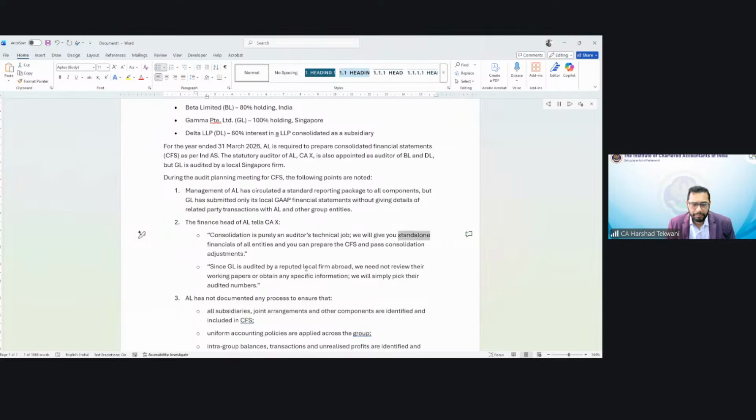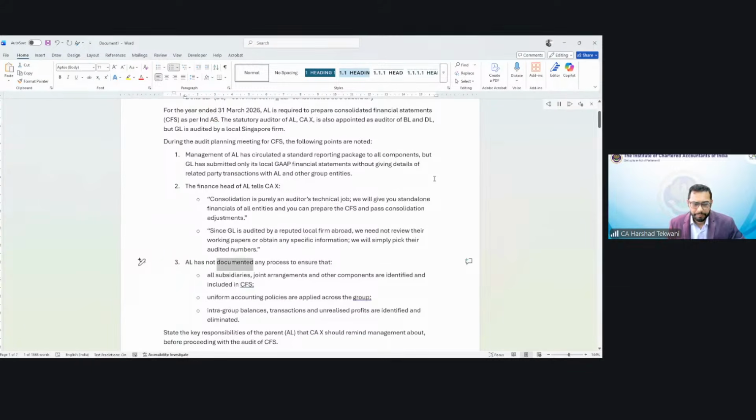We will give you standalone financials of all entities and you can prepare the CFS and pass consolidation adjustments. Since GL is audited by a reputed local firm abroad, we need not review their working papers or obtain any specific information. We will simply pick their audited numbers.